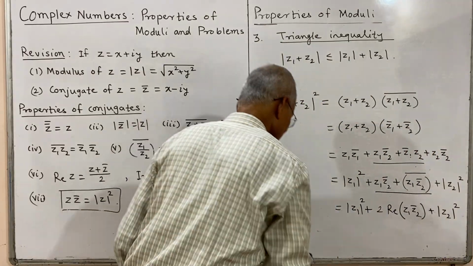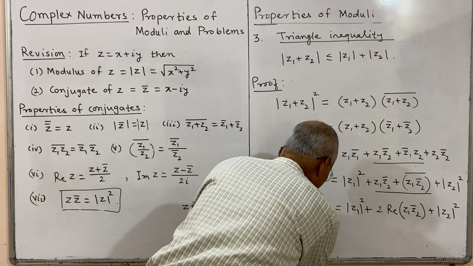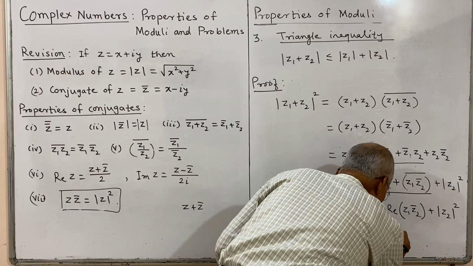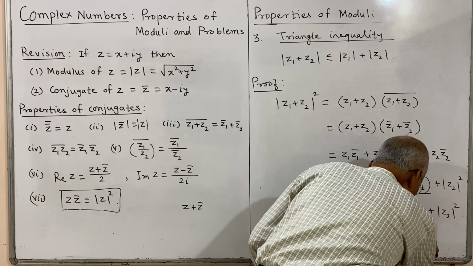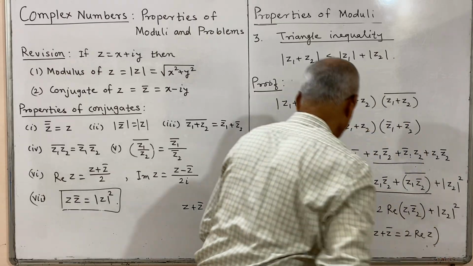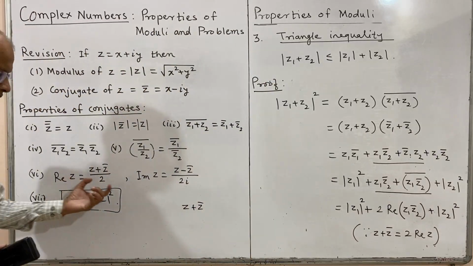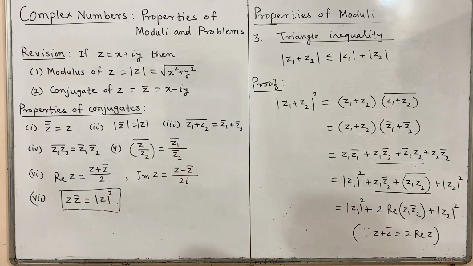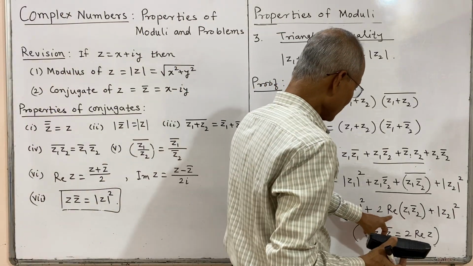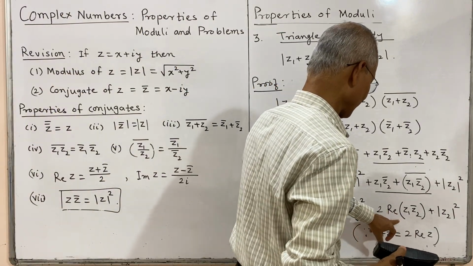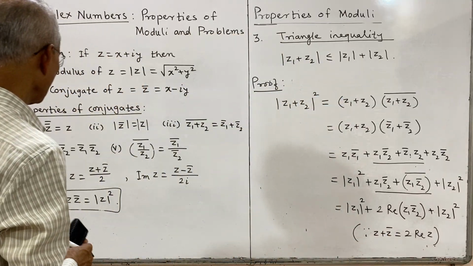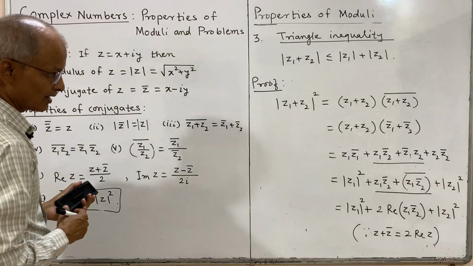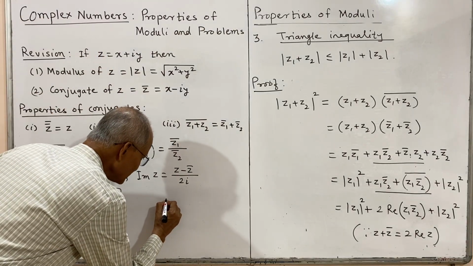So using this result, since z plus z bar is equal to twice real z, it is very obvious to verify the result, and we have proved it in our earlier lecture. Now further, what is the real part of this, and we have the property of the modulus, that is the real z. So what is real z?